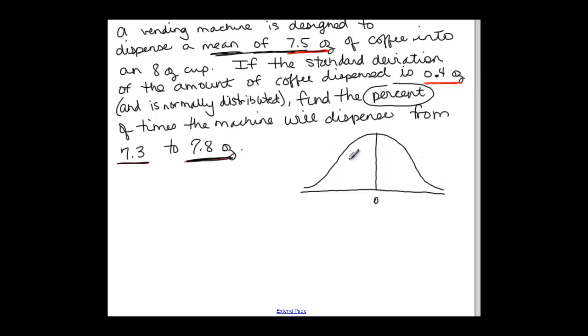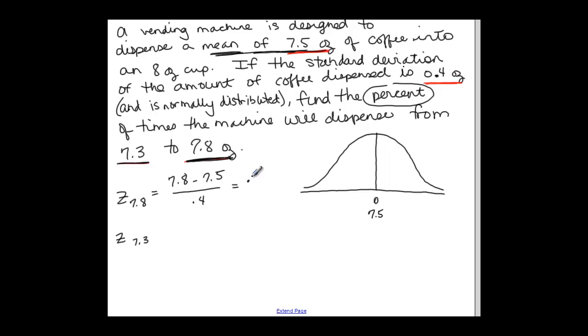Now to find area under the curve, we need z-scores. So let's find the z-scores of these pieces of data. We know that 7.5 as a data piece would have a z-score of 0. So let's look at 7.8, and then we'll find a z-score of 7.3. We do that by taking the piece of data minus the mean divided by the standard deviation, which was given as 0.4.